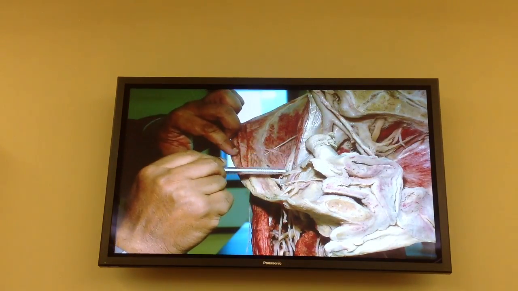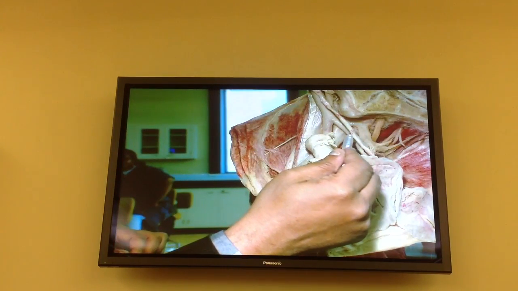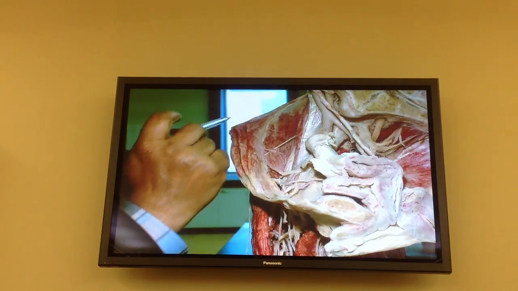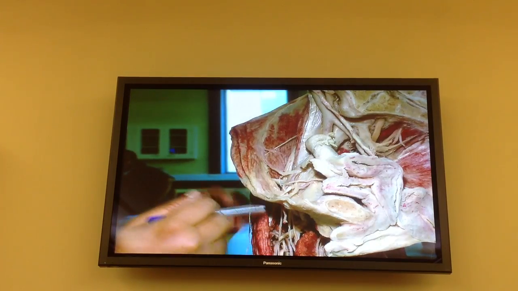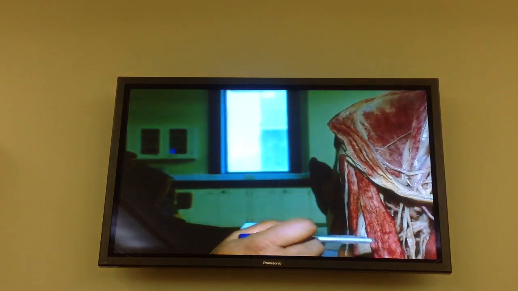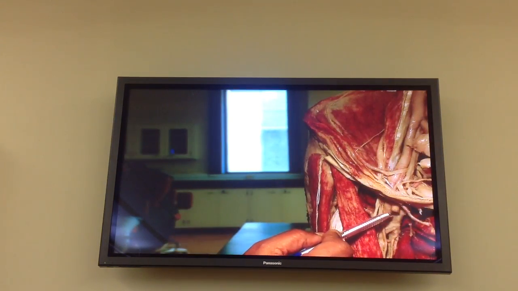It becomes external iliac, and this is internal iliac. Common iliac, external iliac, internal iliac artery, and then it becomes the femoral artery. When it crosses the bridge of the inguinal ligament, it becomes the femoral artery.